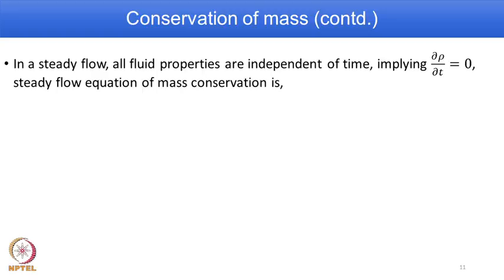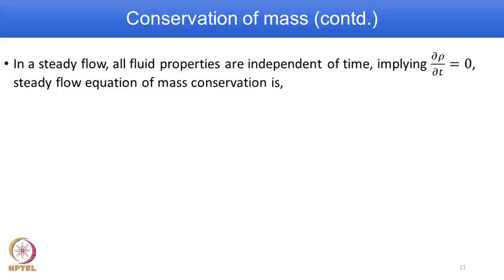Now, what we have done is generic, and it is not particular to any situation. The generic equation gets reduced or simplified for different situations. For example, in steady flow we know the properties do not change with time.